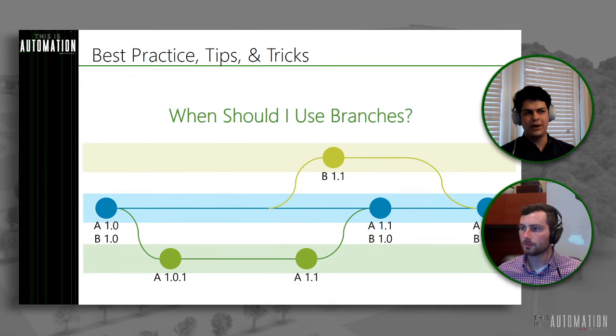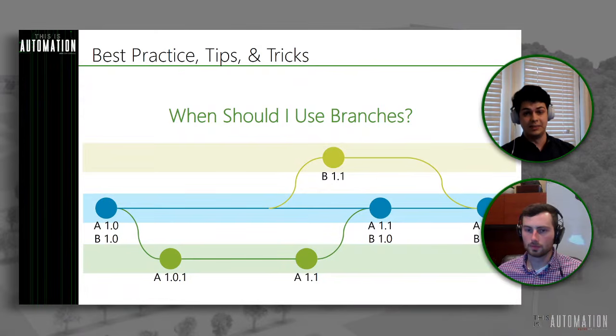Yeah, so the main reason to use branches is to keep the blue line in the center, the master branch, completely clean. Anyone should be able to go to any part of the master branch, pull code, and have it be fully functioning and fully complete for that revision. So branches should be used anytime you want a new feature or you're working on a bug fix.